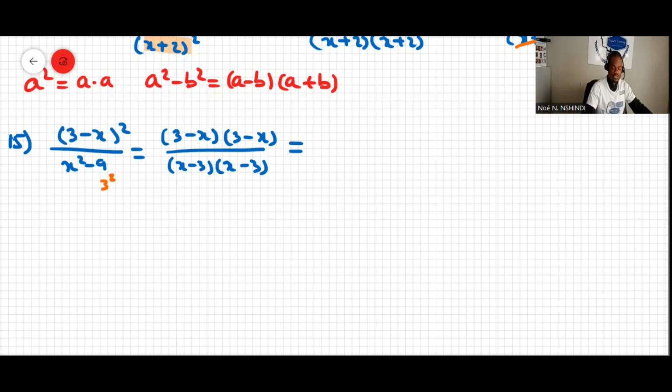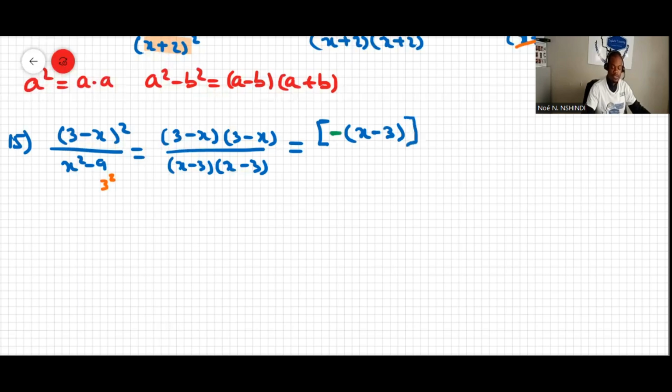Now what we can do is transform. If I switch the sides, I can write it like this. I'll put a square bracket here. I want to make it x minus 3, so I will put the negative sign out there just to make it look the same.